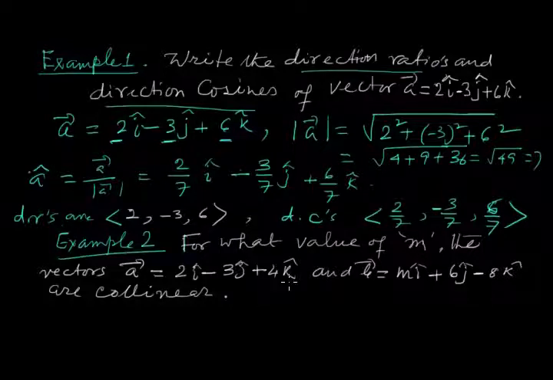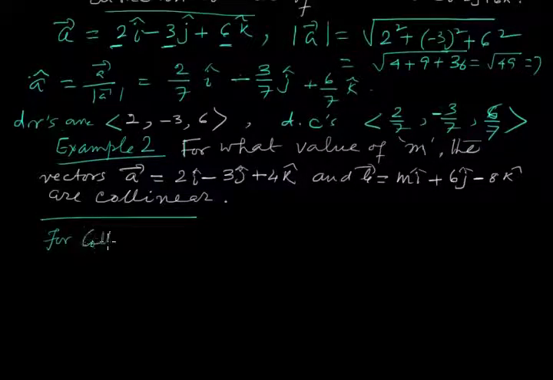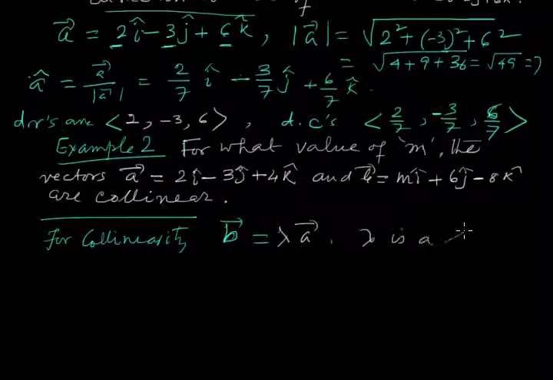Next problem says for what value of m the vectors this and this are collinear. Now here, for collinearity, B must be equal to lambda times vector A. So lambda is a scalar.